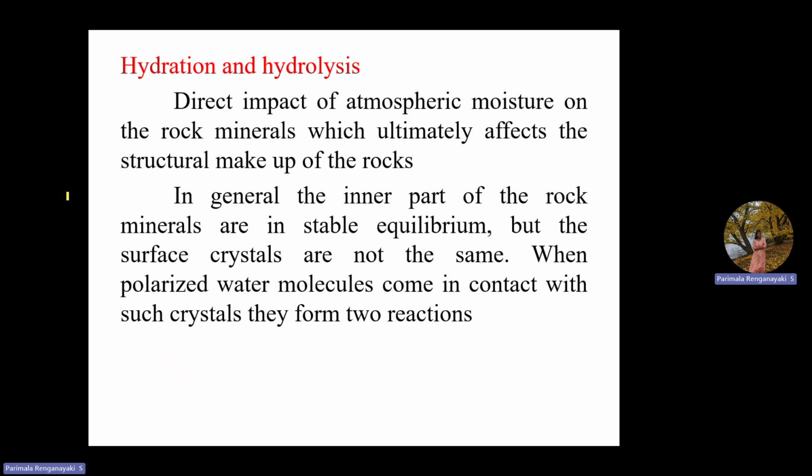So that is what we are going to see now: what is hydration and hydrolysis. It is the direct impact of atmospheric moisture on the rock minerals, as well as the moisture in the soil, which ultimately affects the structural makeup of the rocks.